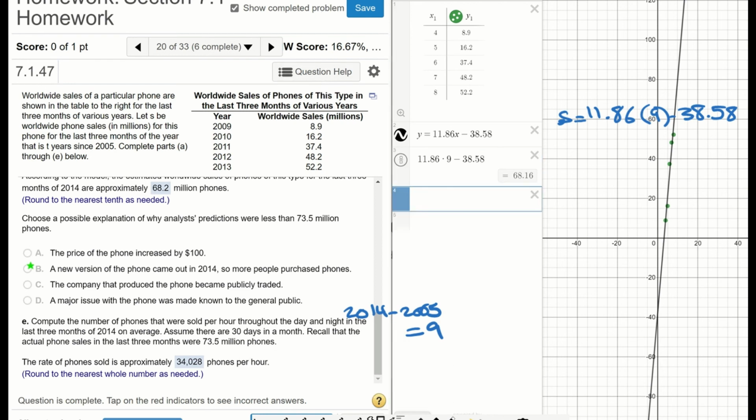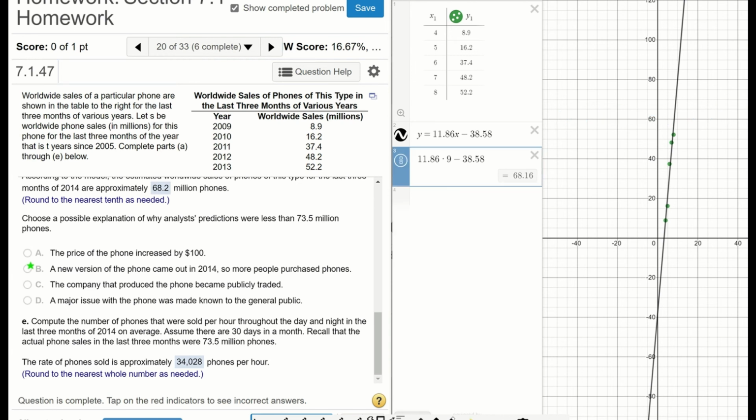So basically what we need to do is we need to go ahead and convert those days into hours, right? So that's what we're going to do. So let me show you how to use a unit factor to do that very easily. Okay, so the first thing we'll do is go ahead and write the 73.5 million in standard notation, which will help us understand it better.